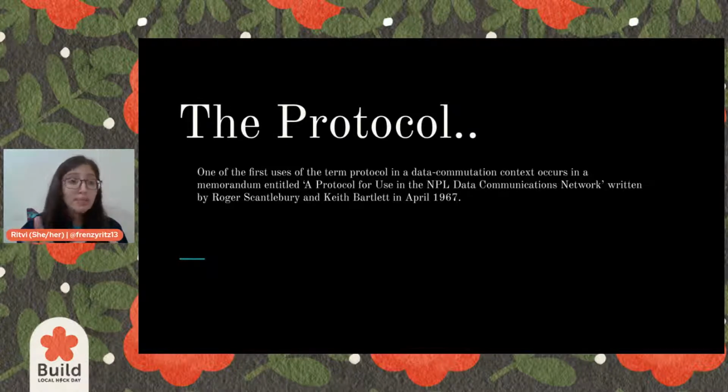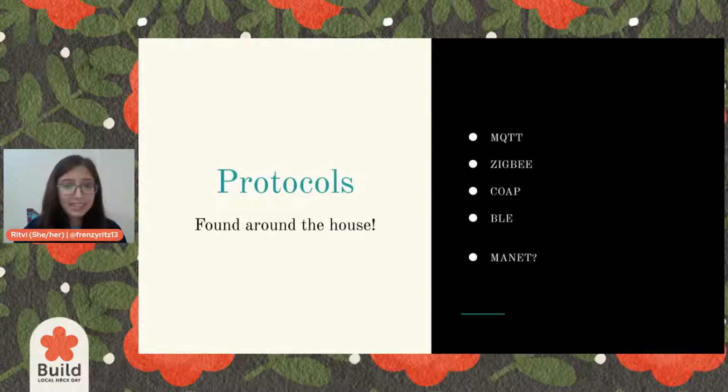So the protocol is basically a set format that both devices are supposed to understand. All of you were very correct when you said it's rules to talk, or a rule-based system. Great job. You guys are already pretty great at this.